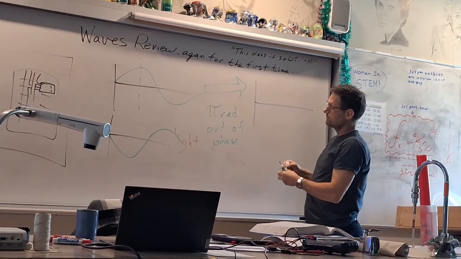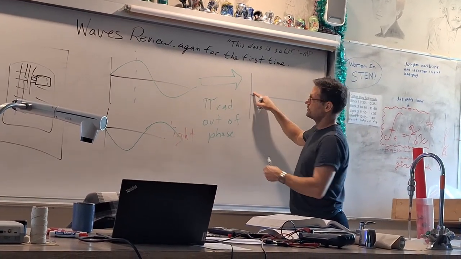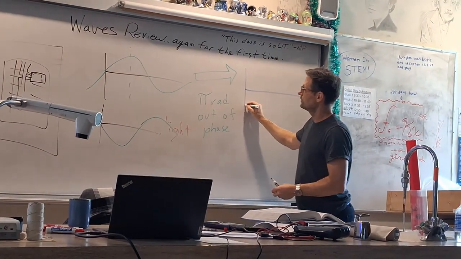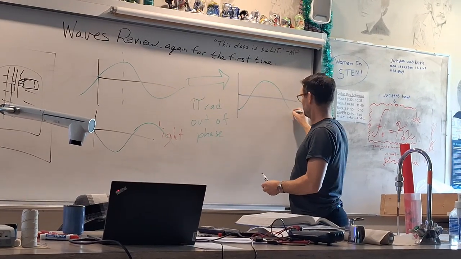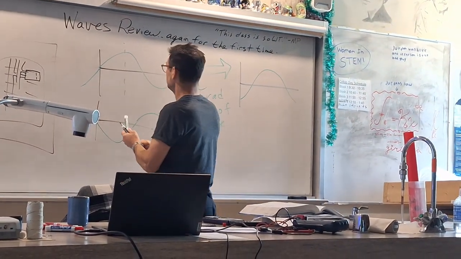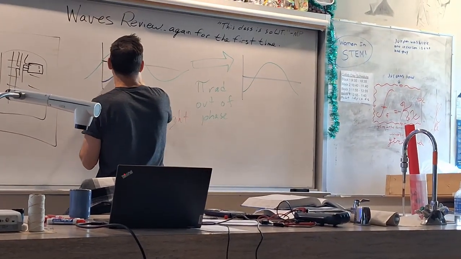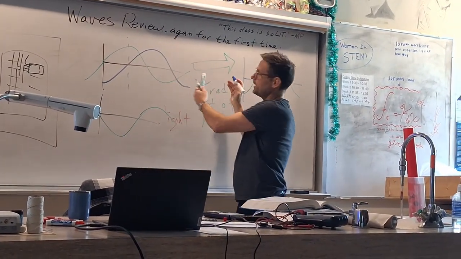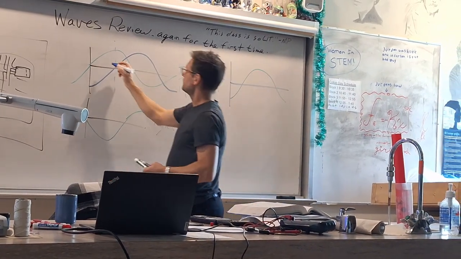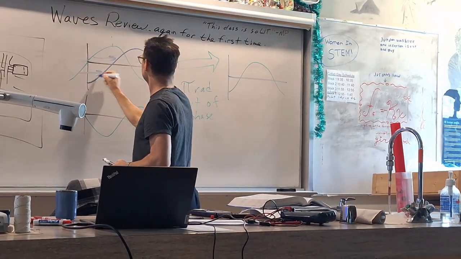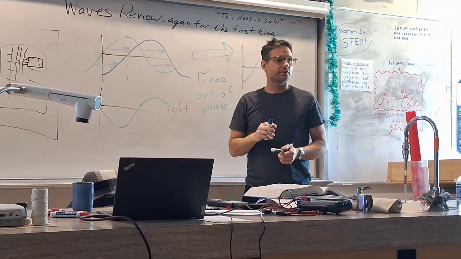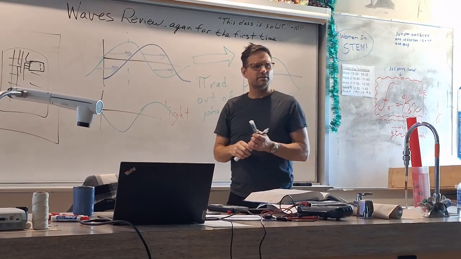And so you would just start this at this place, so it would be here, and it would go like that. We can draw it on the same graph. You could start here, and you just follow the wave up, and it just stays ahead of it the same amount every time. Your phase shift is this. It always moves forward the same amount. Does that make sense? That's all phase shift is.